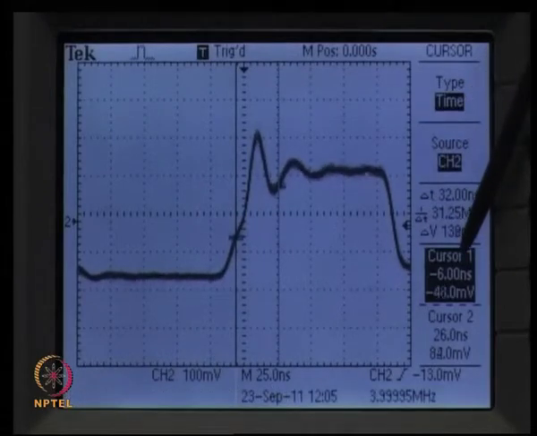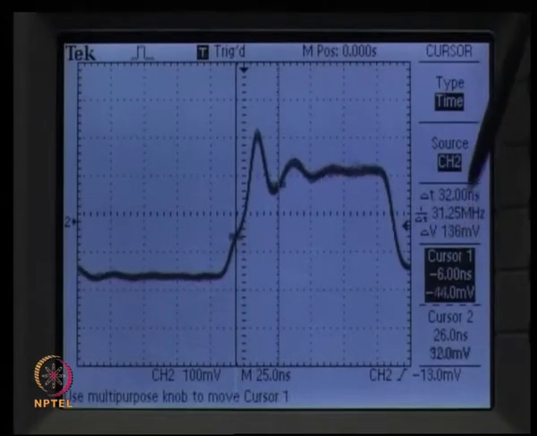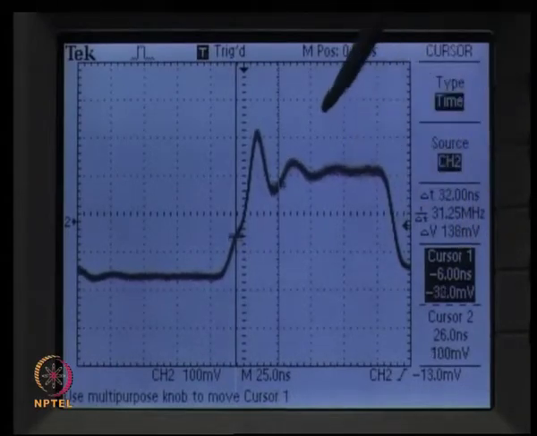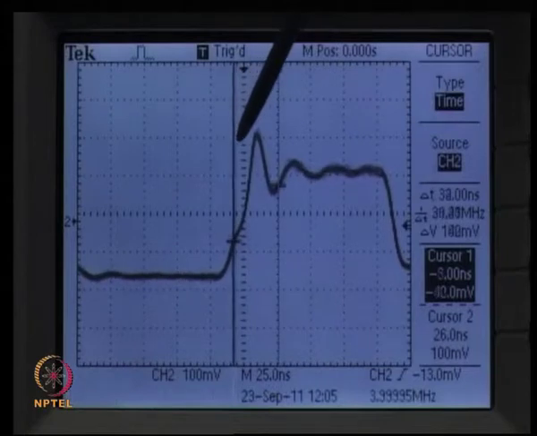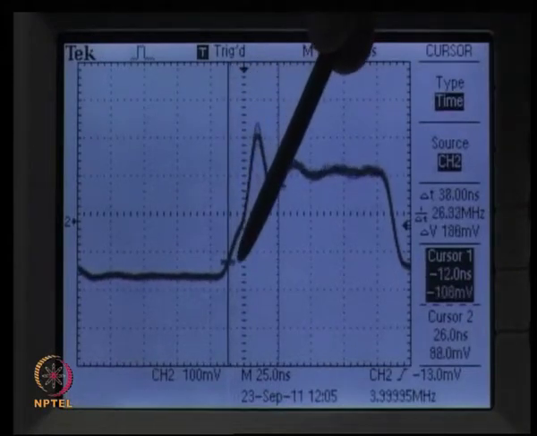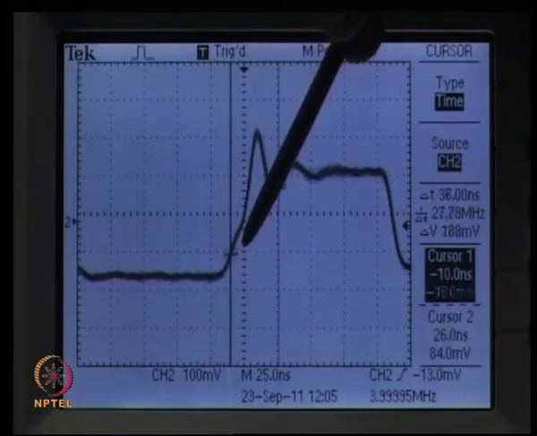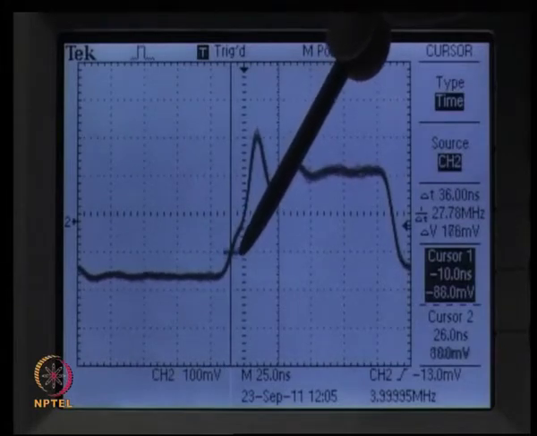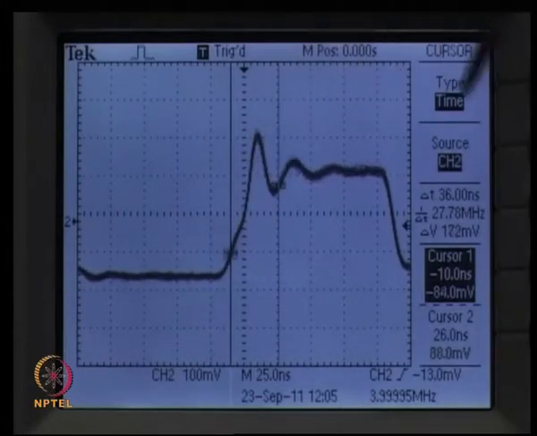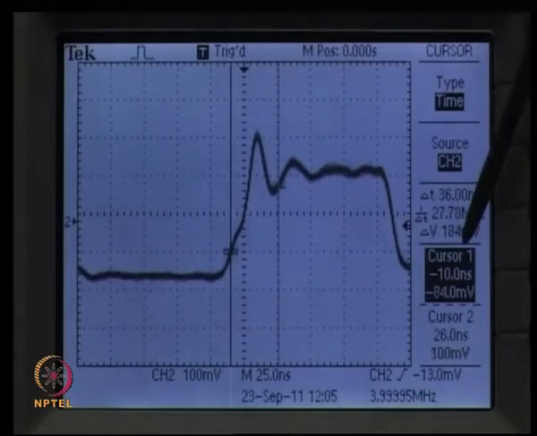We will now measure the rise time for laser. Cursor 1 is at the 10% level. It shows -10 nanoseconds.